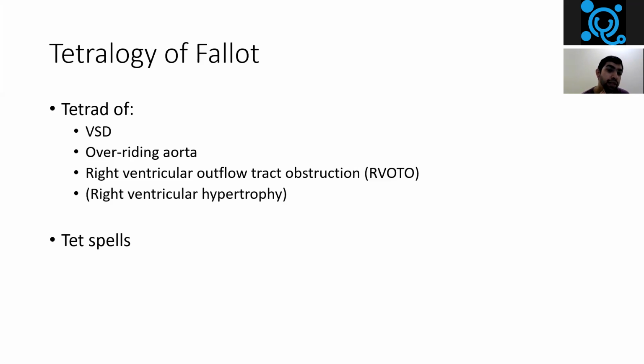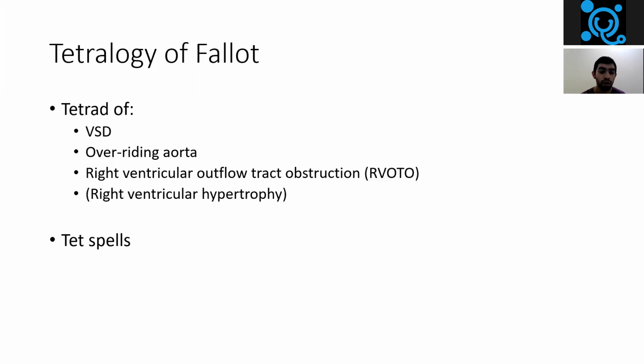The other important thing to mention about children with tetralogy of Fallot is that they have something called TET spells, sometimes known as cyanotic spelling. And this is potentially fatal. Whenever children are quite distressed or start crying, it causes a change in their pressures.